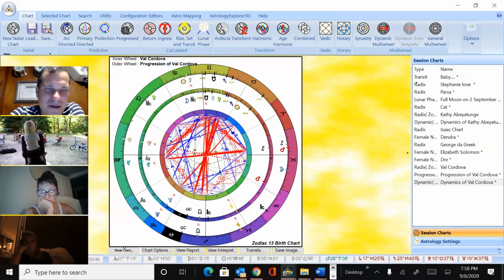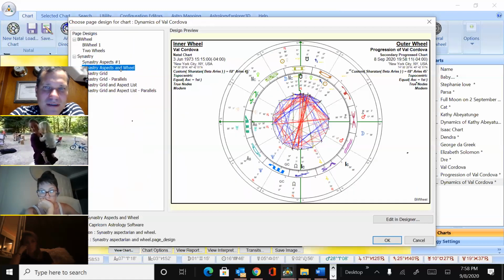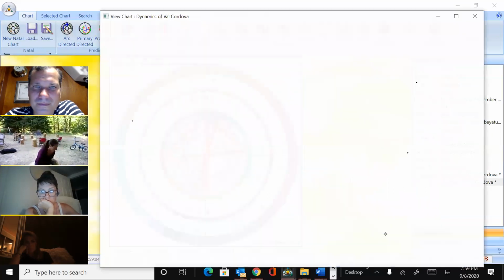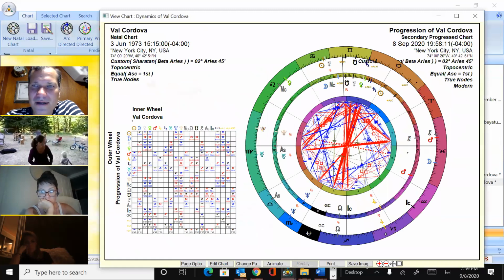And then you go to view chart, and then you do aspects and wheel. And if you don't have this wheel, I'll get it to you, because some of the files from Prometheus are not showing this. So now you can look here, and you can see Val's inner wheel is her birth chart, and the outer wheel is her progress chart. So that's another way to look at it.